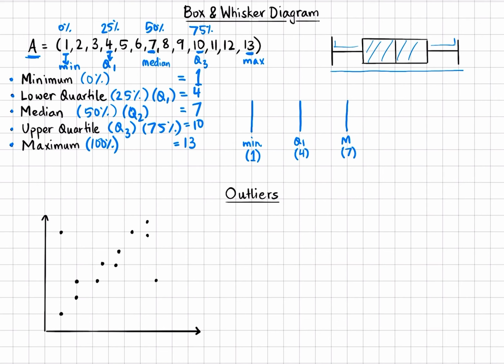Skip again. Upper quartile is 10. So I'll say Q3, in between brackets 10. And then my last line, max, and that would be 13. Okay, I drew just 5 vertical lines in order, and then starting from the minimum, just connect a line to Q1.